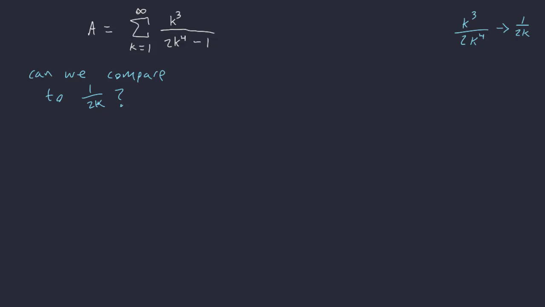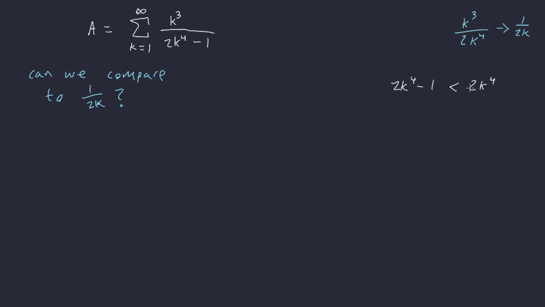So here's how I usually get started. I'm going to take the denominator, this 2k to the 4th minus 1, and I'm going to say that that is less than 2k to the 4th. Now, why is that true? Here I'm taking 2k to the 4th and subtracting 1. Here I'm not subtracting that 1.